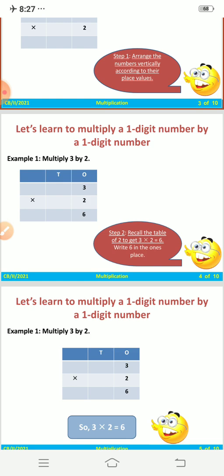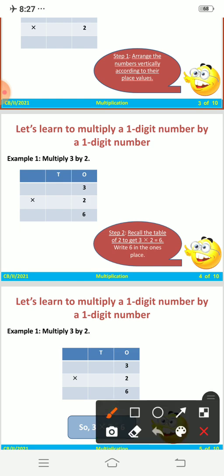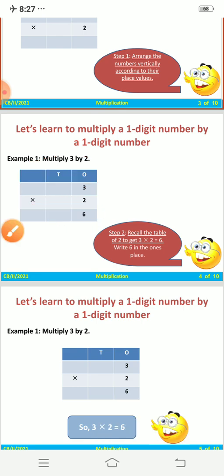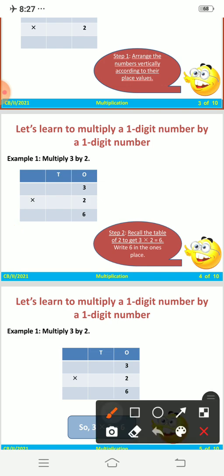Okay, so you will write it like this. You will draw a box like this. You will draw lines. Okay, you can do it more properly in your maths notebook. But don't forget to write tens and ones here.